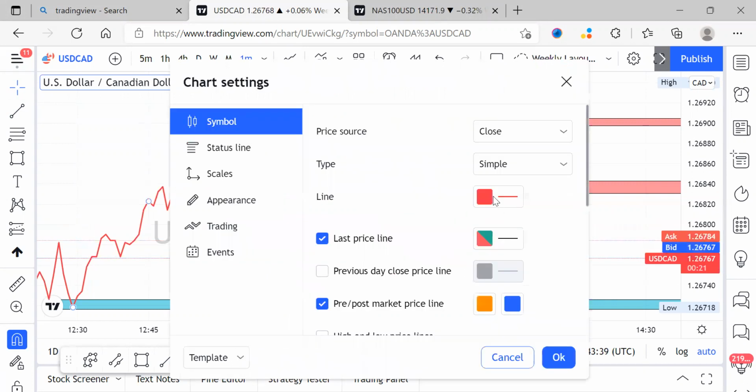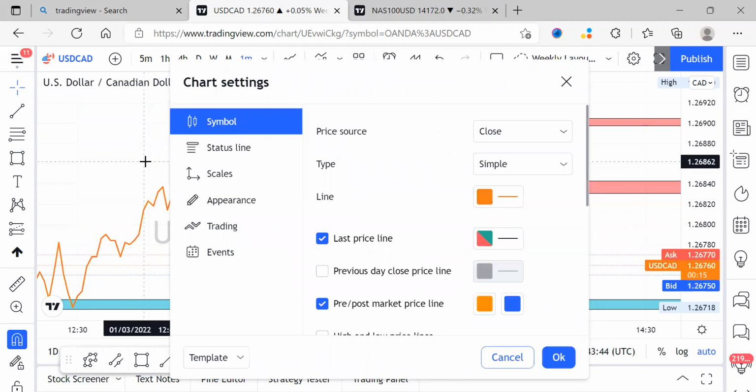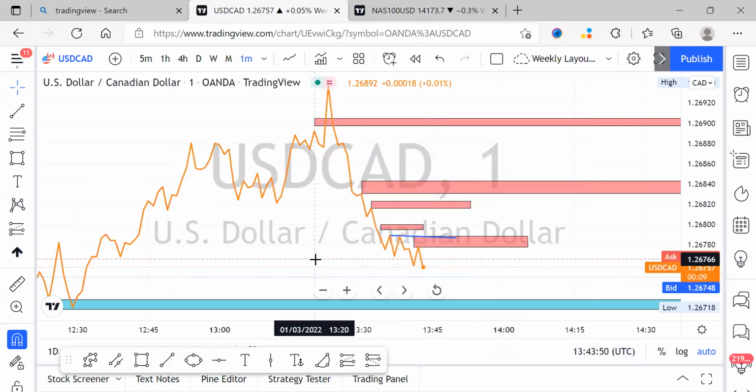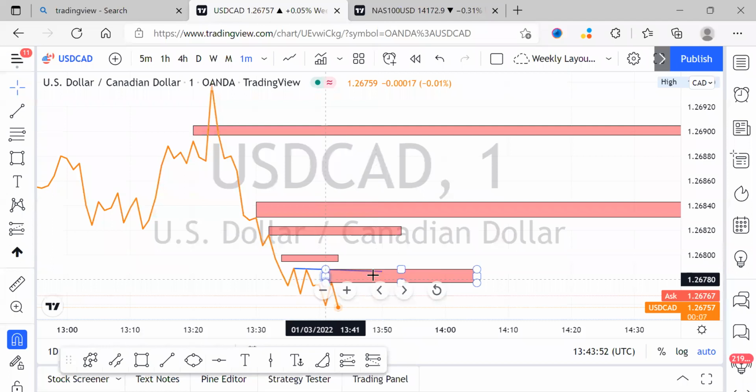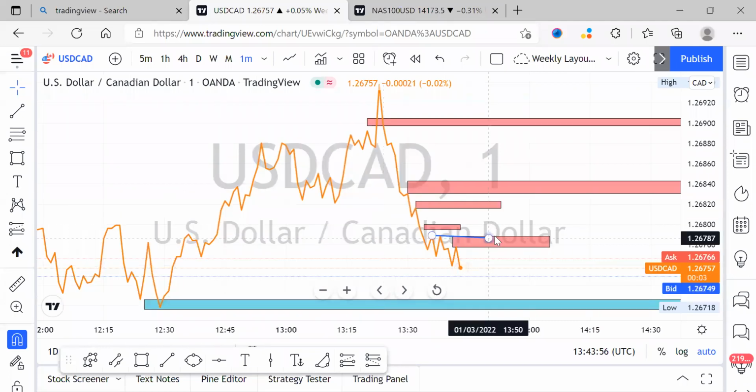So if I now just change that to orange, okay. Right. Look at this. Think of it like the neckline of a trade, okay? It has to break that high.